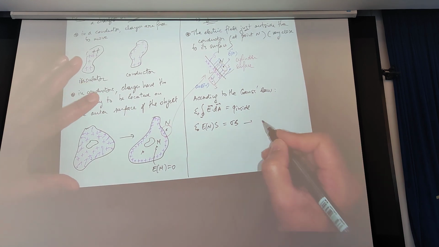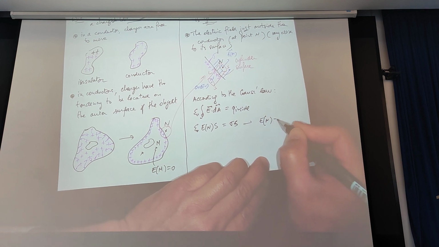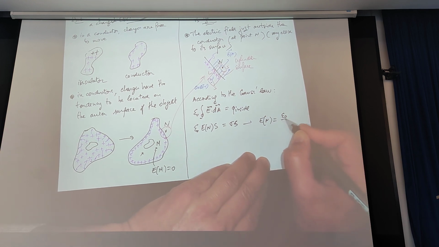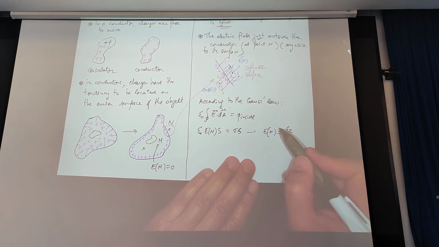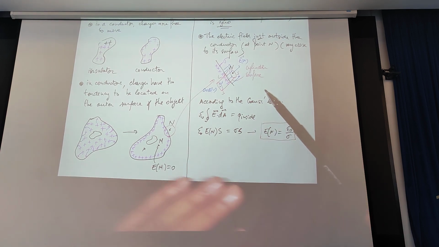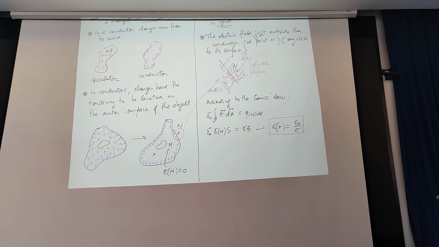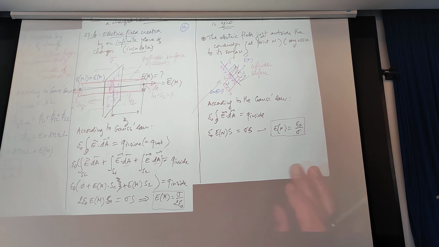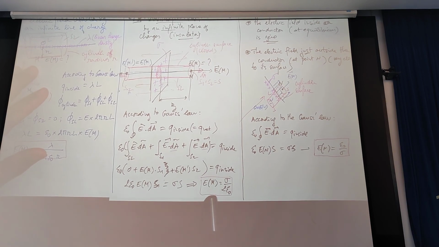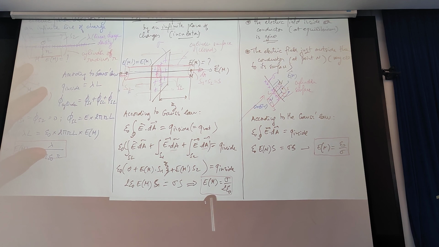So here the electric field just at the surface of the conductor but outside the conductor is sigma over epsilon 0, and remember, not sigma over 2 epsilon 0 as in the case of an insulator.